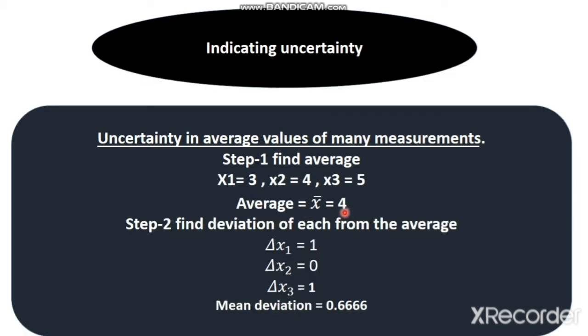So average is 4. The deviation of individual values from average is delta x1, delta x2, delta x3. So 4 minus 3 it is 1, 4 minus 4 is 0 and 5 minus 4 it is 1. The mean of these three, that is delta x1 plus delta x2 plus delta x3 divided by 3, is equal to 0.66. So 0.66 is the uncertainty in the final value.